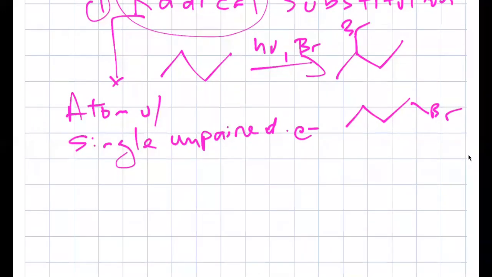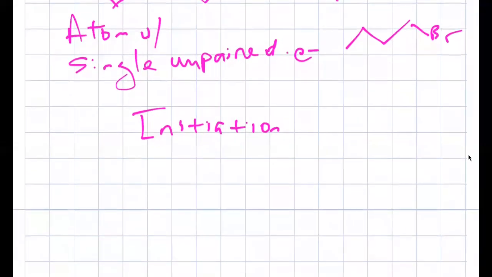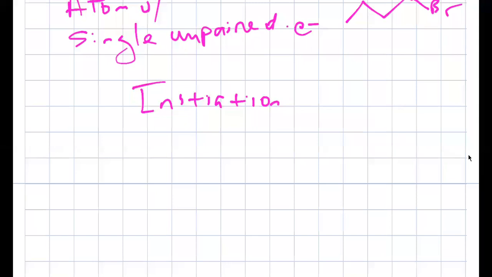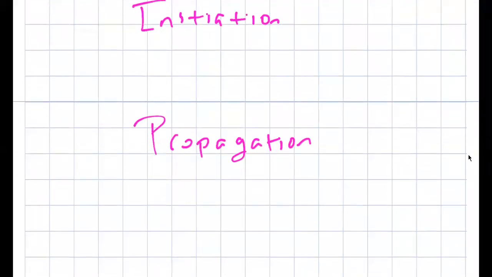Anybody remember from part one? There was initiation, is that right? And then what are the other two steps? Think hard. Propagation. Brianna. And termination. Yeah, good. Initiation, propagation, and termination.